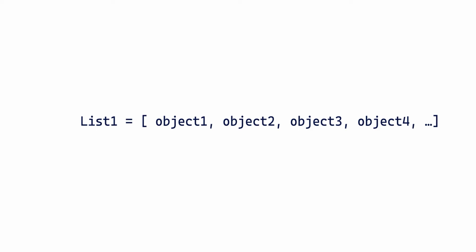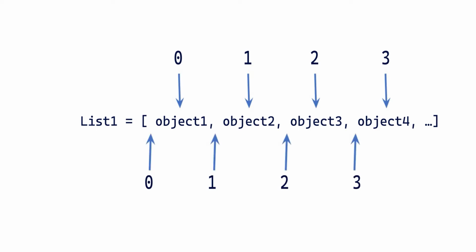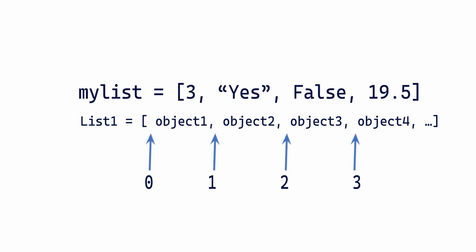When you specify an object, this is the indexing that is used. But for slicing, this is the indexing that is used. So the objects between the slice index 1 and 3 are yes and false. This same indexing is also valid for tuples.